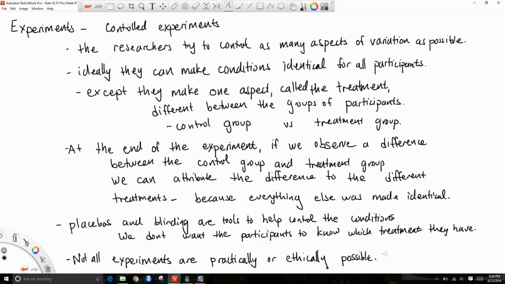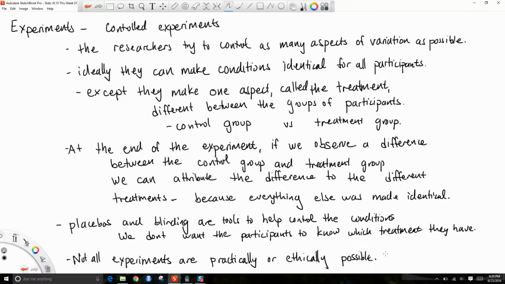For example, for a long time, people wanted to know, does smoking cigarettes cause cancer? And we know the answer to that is yes, but for a long time, the cigarette industry would argue, well, you haven't done an experiment, right? Because there's no ethical way to do an experiment on cigarette smoking.